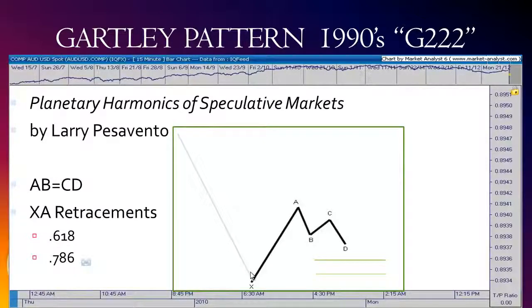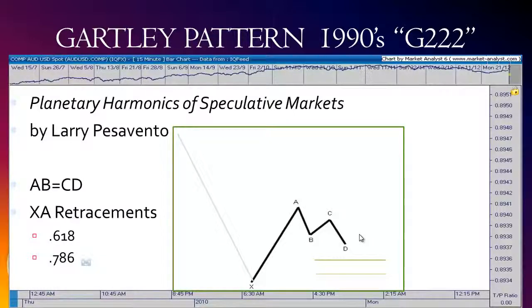So now he just refers to this pattern as the Gartley pattern. He's now focusing on the symmetry between the legs, AB equals CD, and that's where we get the term AB equals CD. He's the one that has put that out there, and people are talking about that a lot these days.